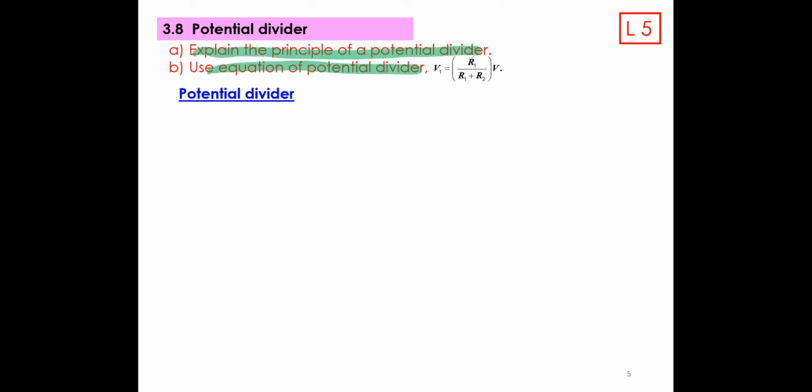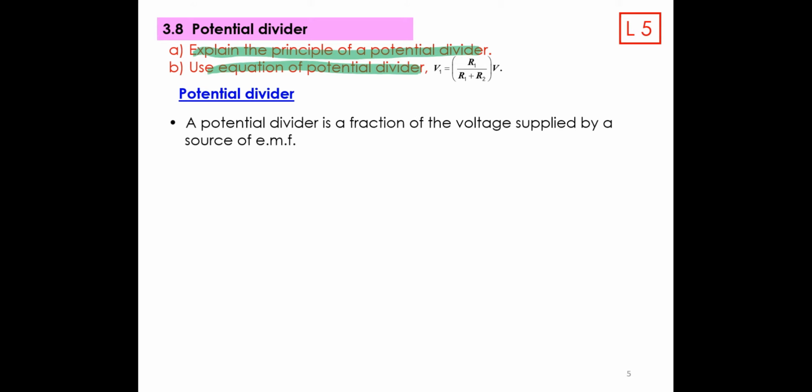Potential divider. What is the potential divider? Potential divider is a fraction of voltage supplied by a source of EMF.